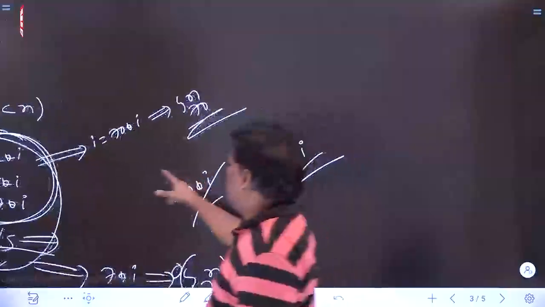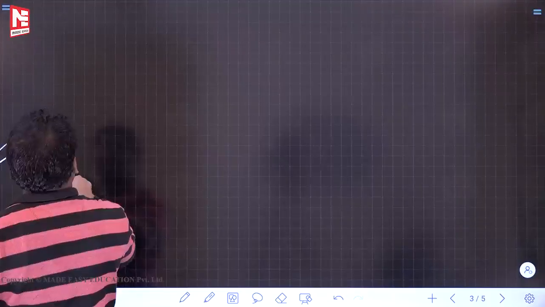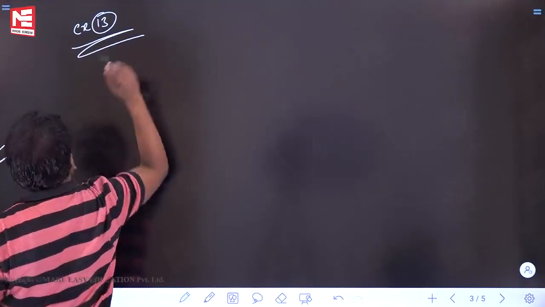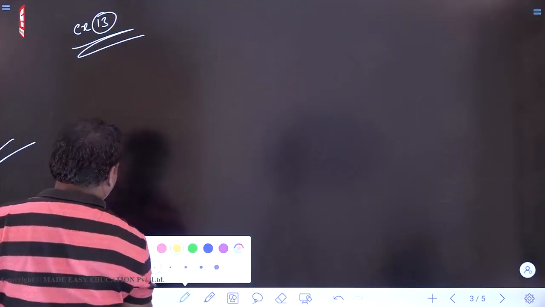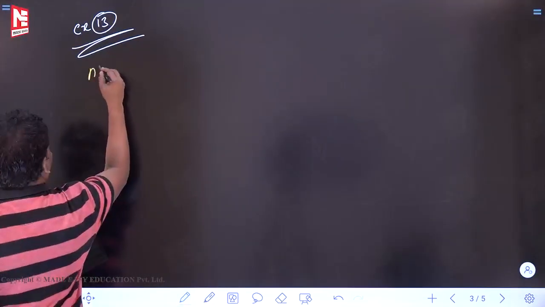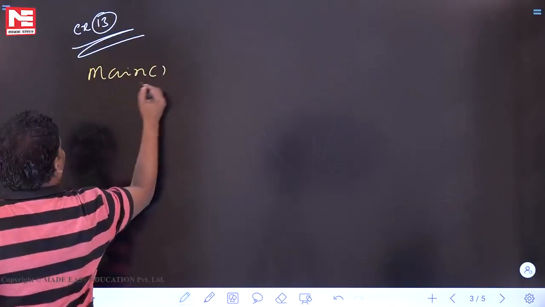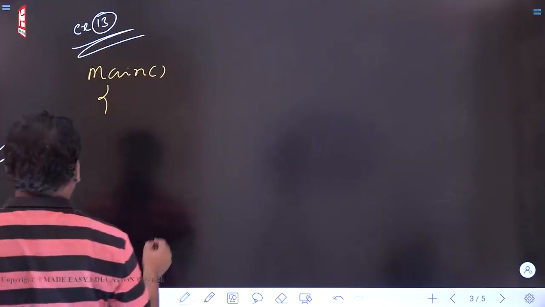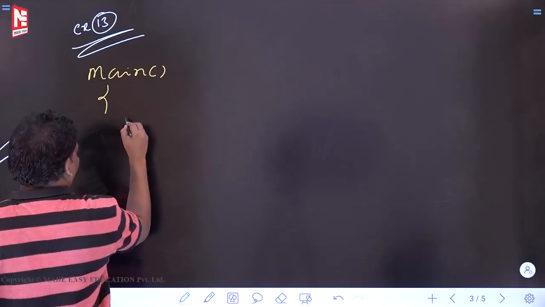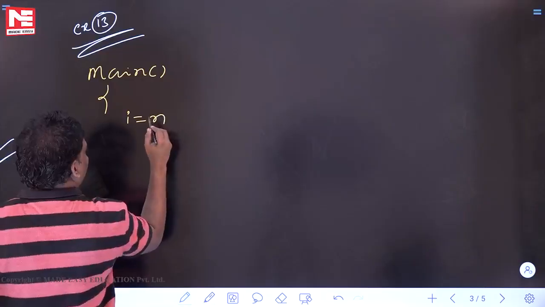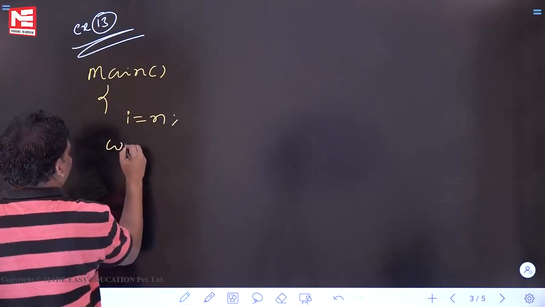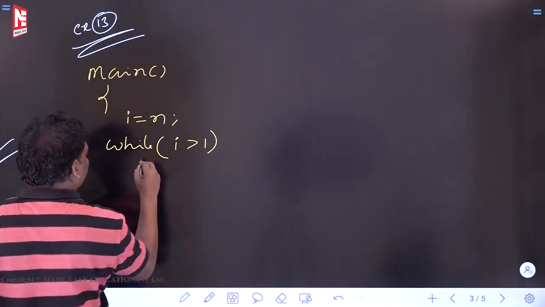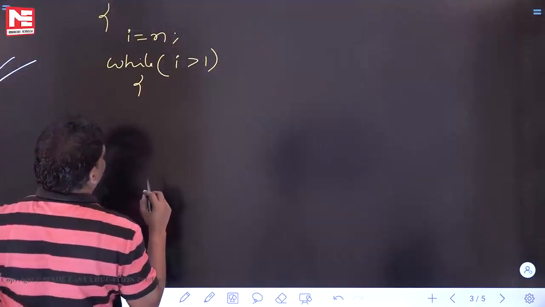One more example. Example 13. 12 is over, see the next one. Example 13. main: i = n; while i > 1.